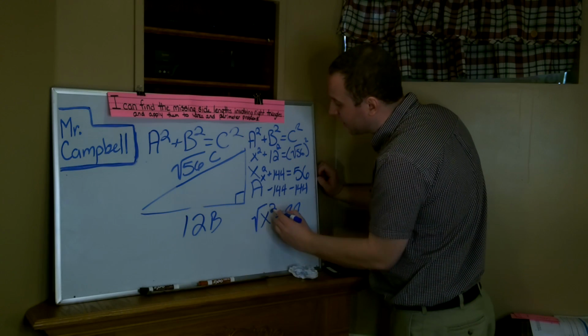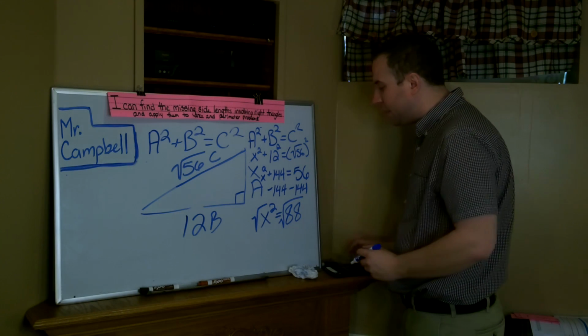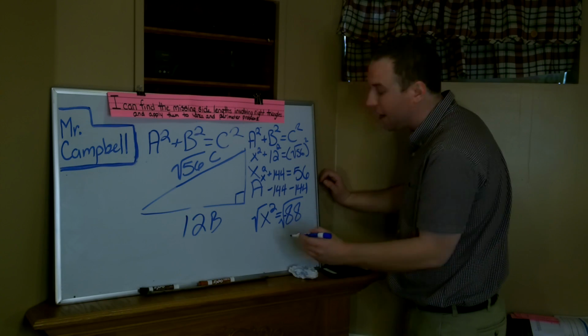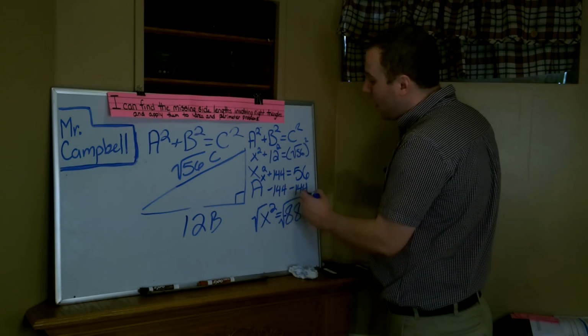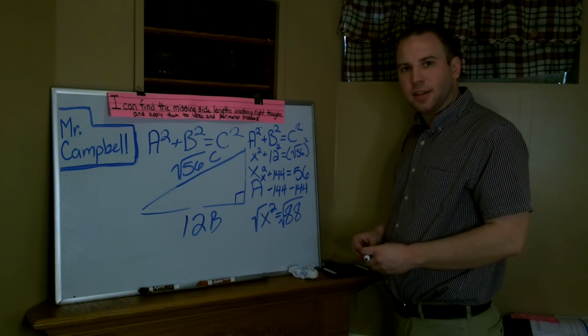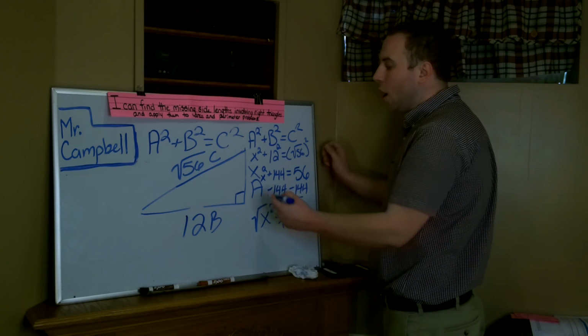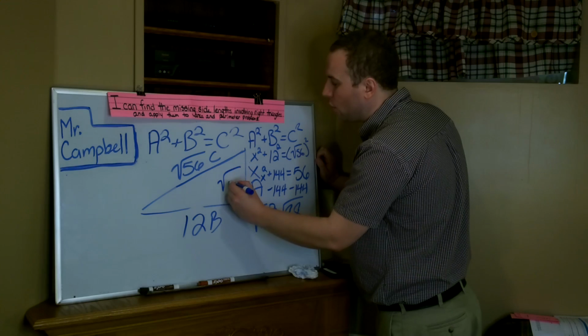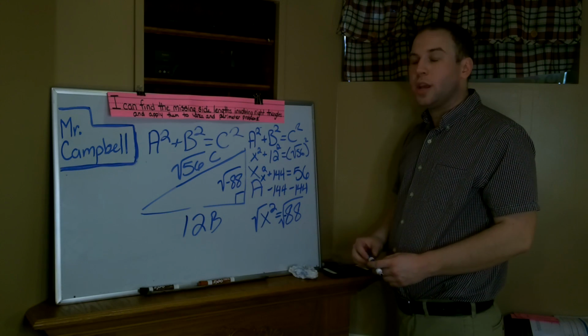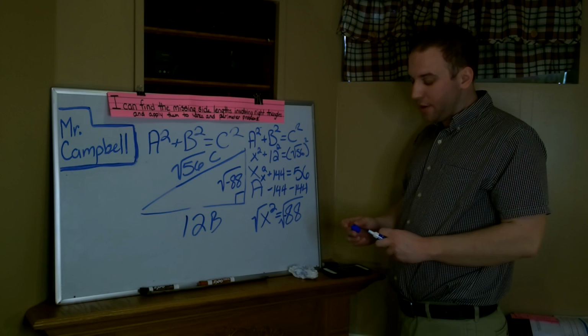To get rid of the square on x, we're going to take the square root of negative 88. 88 is not a perfect square, as I talked about in a previous lesson. So our answer could just be the square root of negative 88. So, x would equal the square root of negative 88.